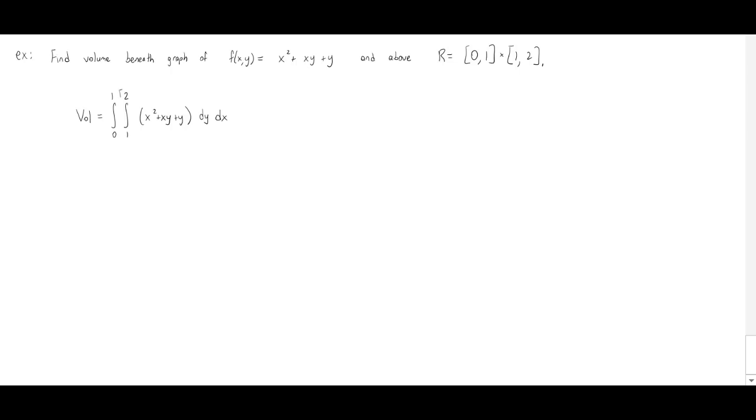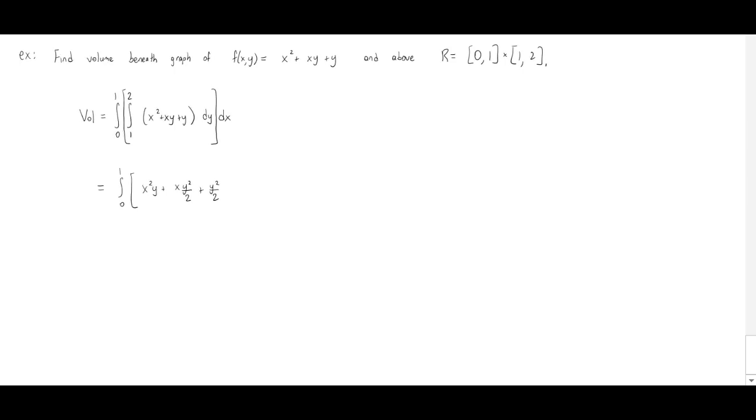So then from there, we're first integrating with respect to y. So that's going to be x squared y plus x y squared over 2 plus y squared over 2. Okay? All right. And then we have the bounds of 1 to 2 and dx. Okay, so remember, you want to plug these numbers in for y.